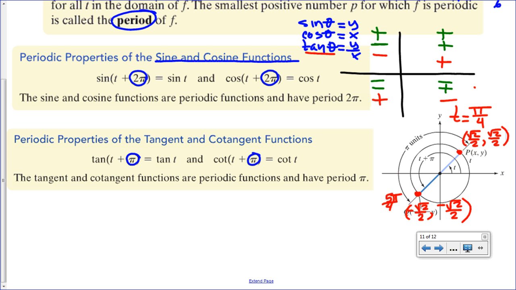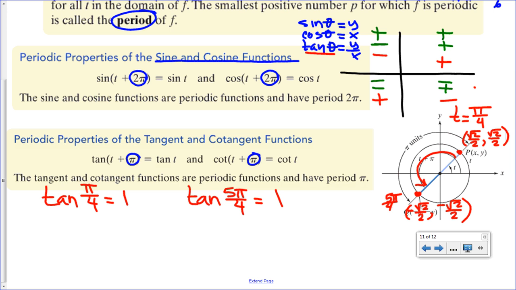However, this is sine and cosine. What will happen when I divide negative over a negative? I will get positive. So what that means is that every pi radians, the values repeat. Okay? So in this case, the tangent of pi over 4 is 1. But so is the tangent of 5 pi over 4, also 1.